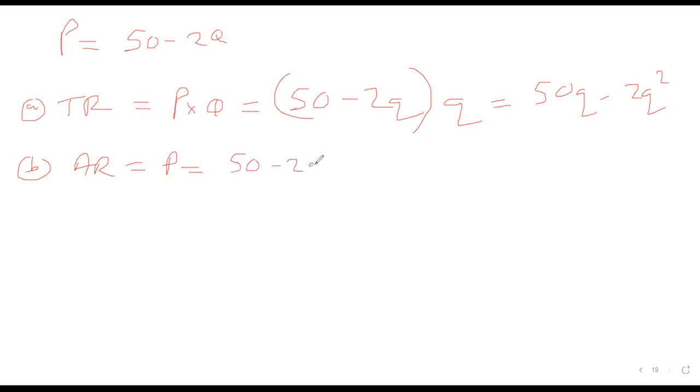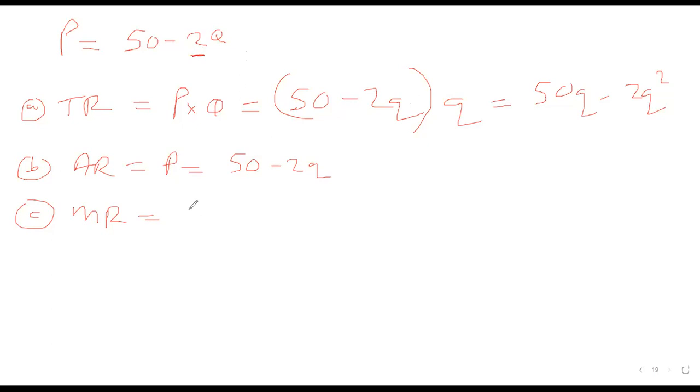Who wants to find the marginal revenue? How do you find the marginal revenue? dTR/dQ. The shortcut before we go to that one. Just multiply the gradient here by 2.